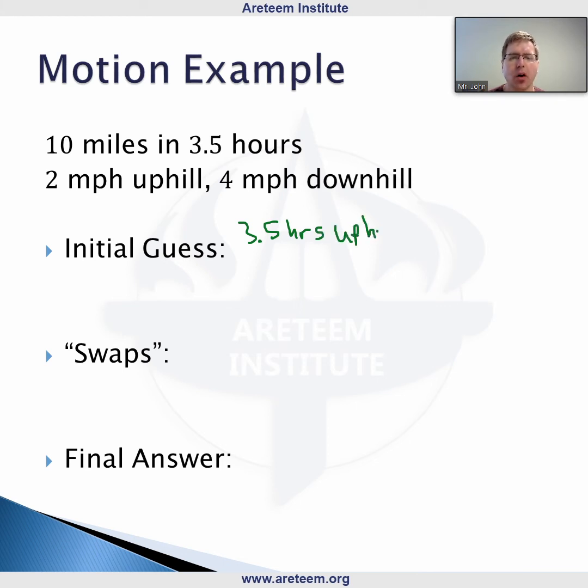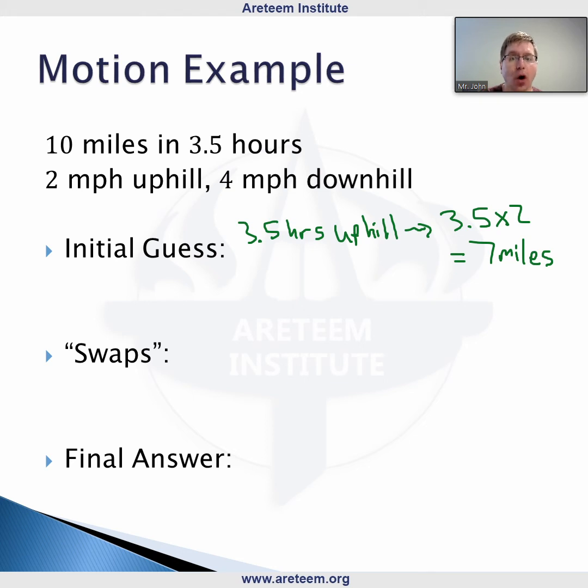At 2 miles per hour uphill, this is 7 miles. So he's going 7 miles if he's only hiking uphill.